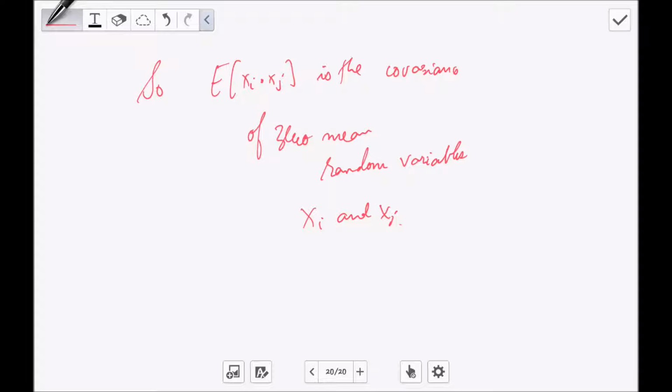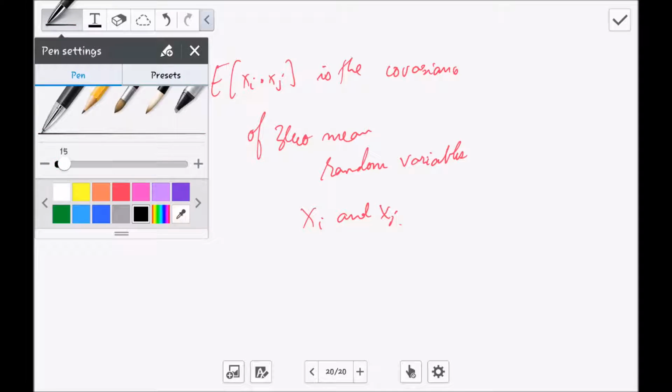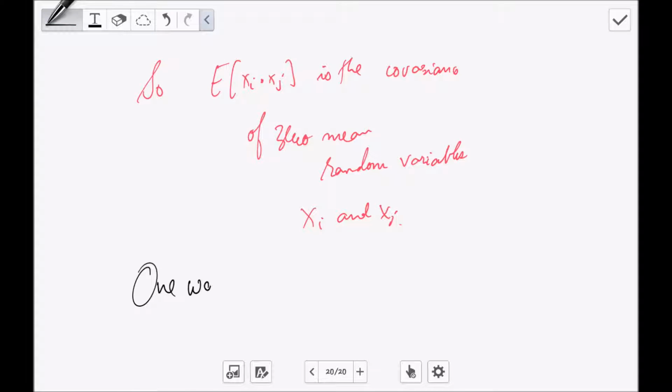So this was one way how covariance matrices were motivated.